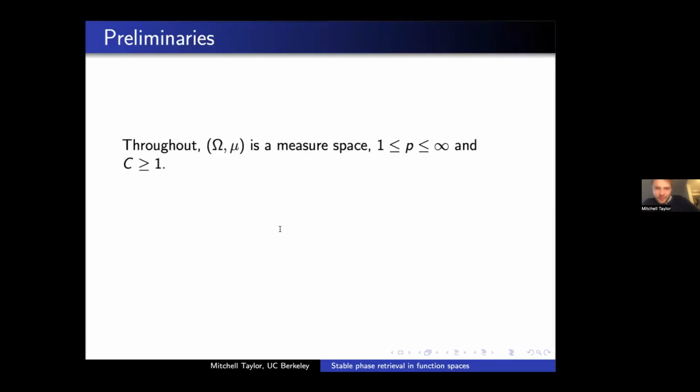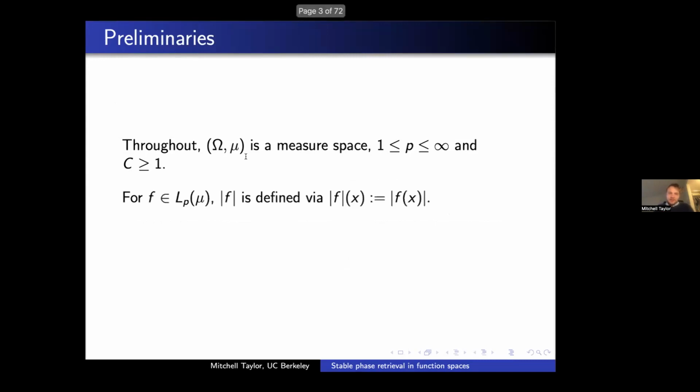So just to be clear on notation, throughout the talk, (Omega, mu) will be a measure space, usually a probability space, and p will be between 1 and infinity, but mostly finite. And C will denote some uniform constant. And the absolute value function is, well, the absolute value function, not the norm.